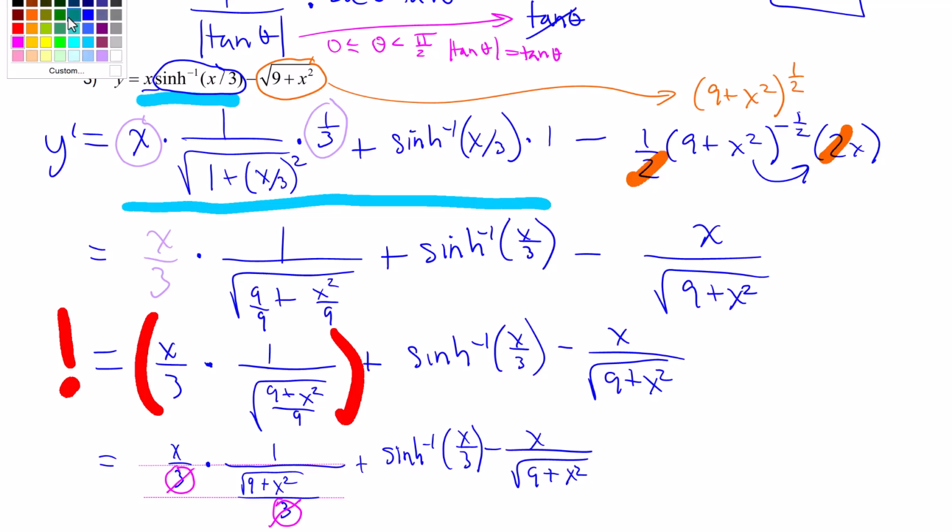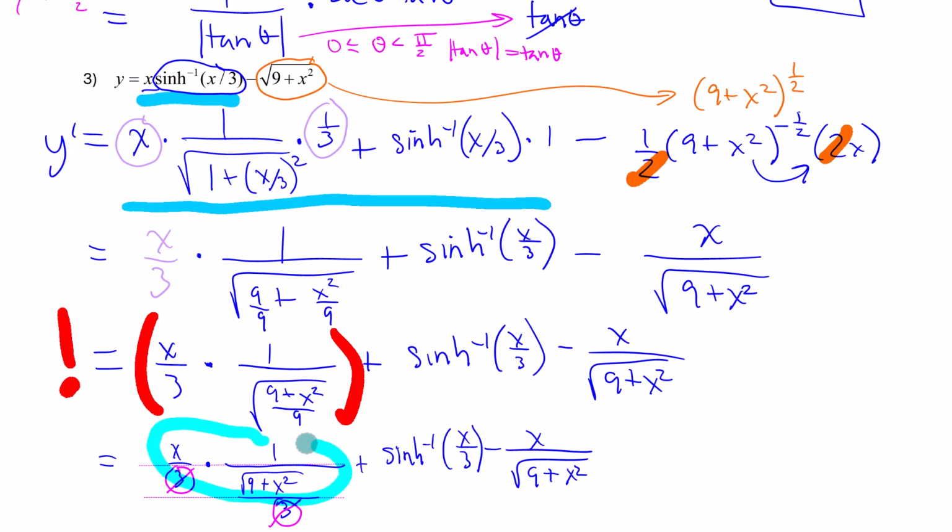Now, why does that matter? Because that helps drastically simplify what we have. You'll notice then that this first term, which let me highlight here in a readable color, this entire first term now amounts to x over the square root of 9 plus x squared. Well, guess what?